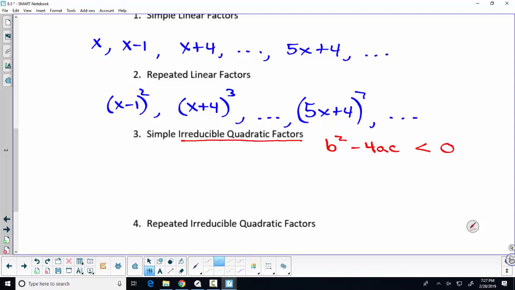If the discriminant is negative, remember that thing is under the radical in the quadratic formula, so if it's negative, you have imaginary solutions. Examples: x squared plus x plus 1, x squared plus 1, x squared plus 9, and so forth. Those are irreducible quadratics.